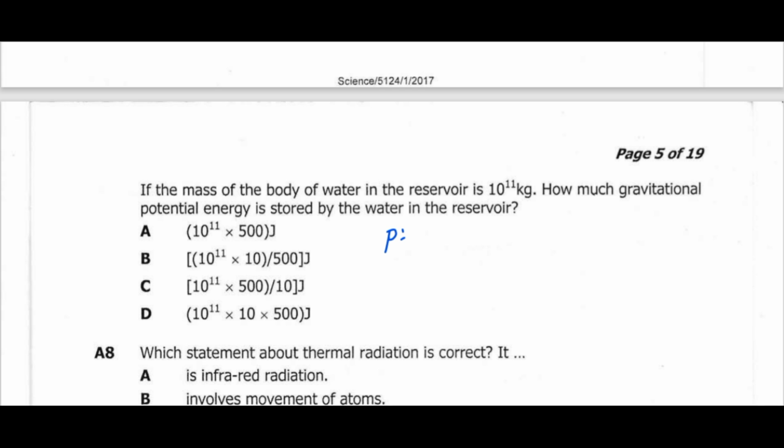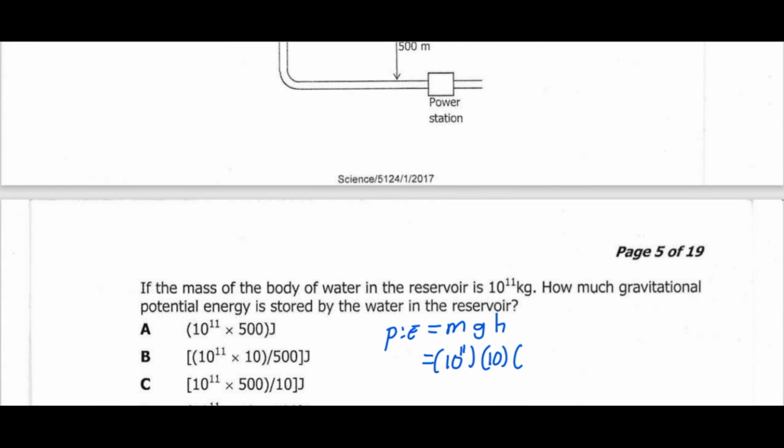So we have potential energy is equal to mass times gravity multiplied by height. The mass is given, 10 raised to the power 11, times gravity, which is 10 newtons per kg. Then the height is 500 meters.